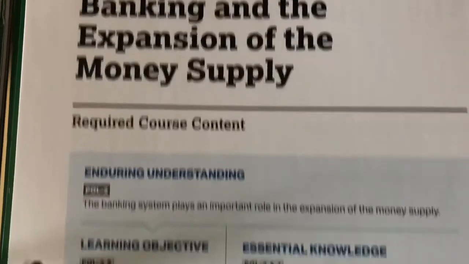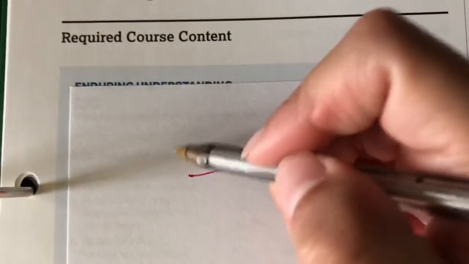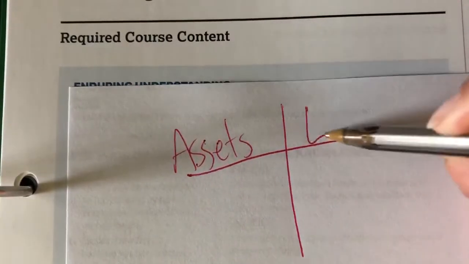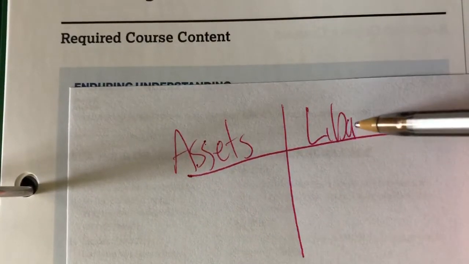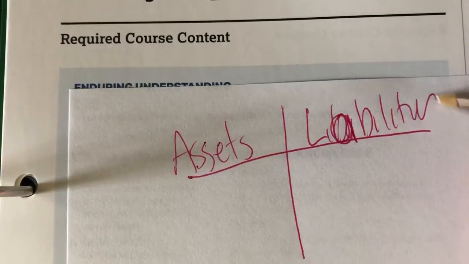lending. And they organize their assets on a bank balance sheet, which we talked about as being a T-chart. Okay, and so a T-chart, I'm going to draw one out. Basically, the bank has their assets on one side and their liabilities on the other.